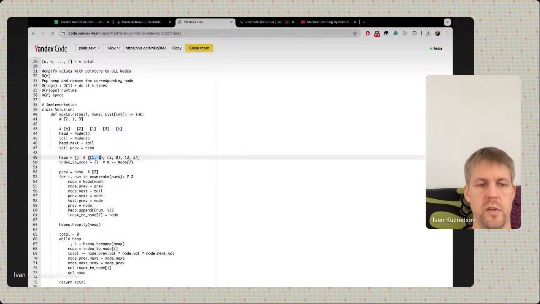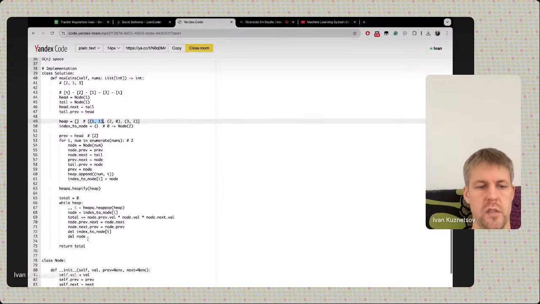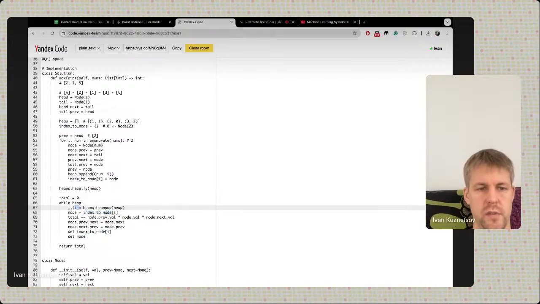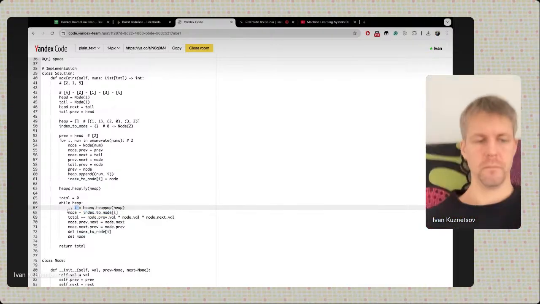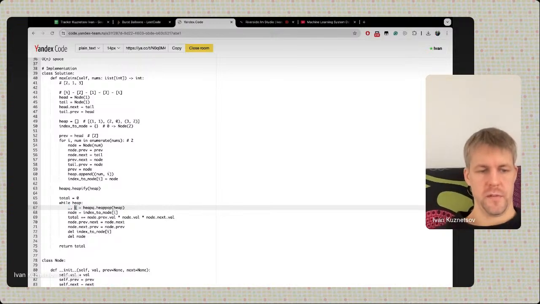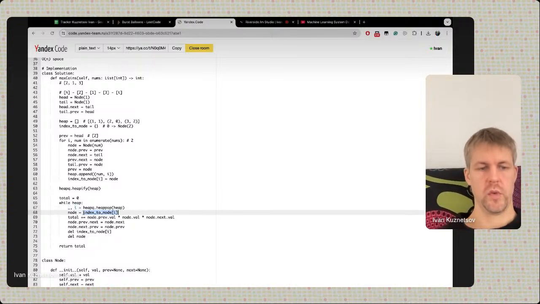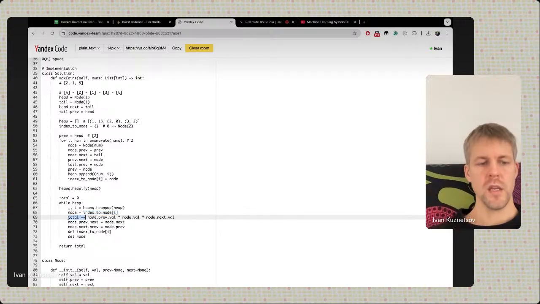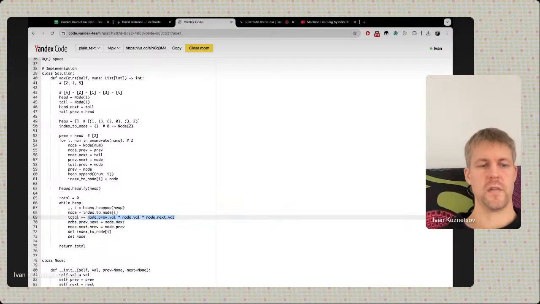So then we are popping things and we are multiplying. We are finding the node based on the index. So we are popping and index is the first, not 0, but the first element. This is correct. We are finding the correct node, and we are adding all these values together.